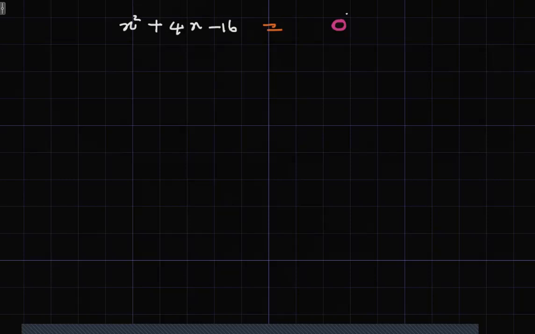When you do the quadratic formula method, first you got to figure out what's A, B, and C of this quadratic equation. Now, what is meant by A, B, and C? A is the coefficient of x squared. What's the number in front of x squared? There's no number to be seen.